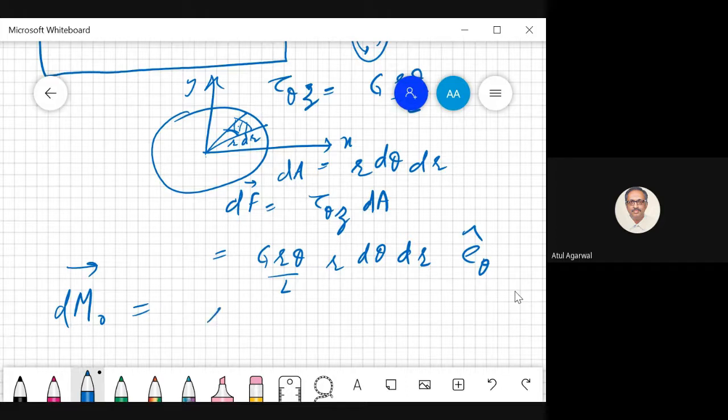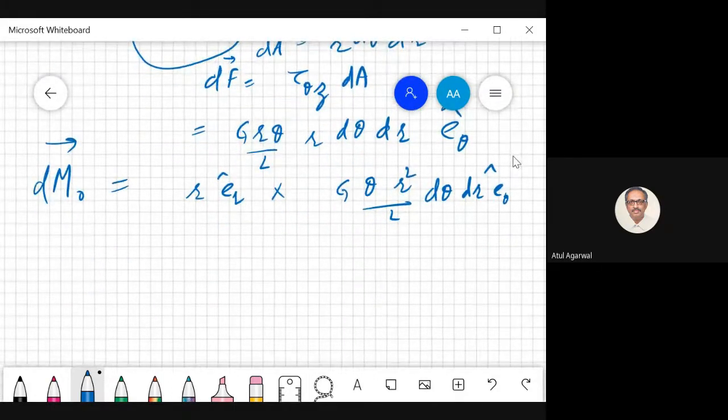R, e r, crossed with this entire amount, G theta r squared by L, d theta dr. I will be uploading the video, you have to peacefully study it. e r cross e theta. What is e r cross e theta? Suppose it is equal to k. Already I have dealt with this. So G theta by L, r cube, dr d theta.